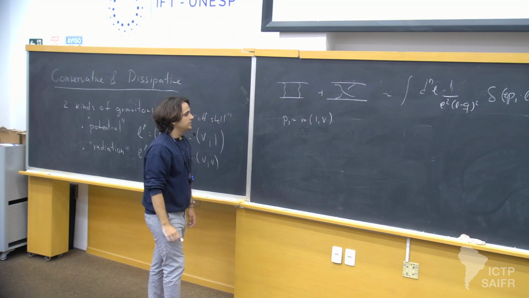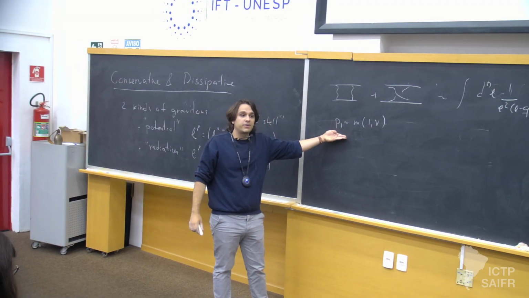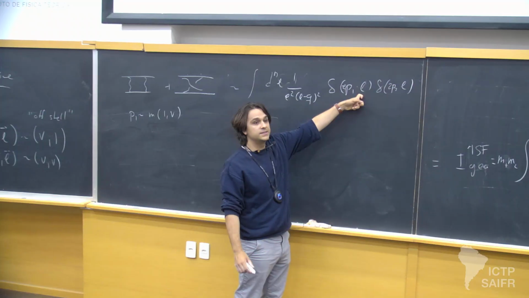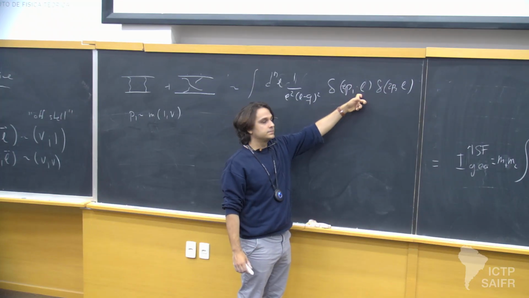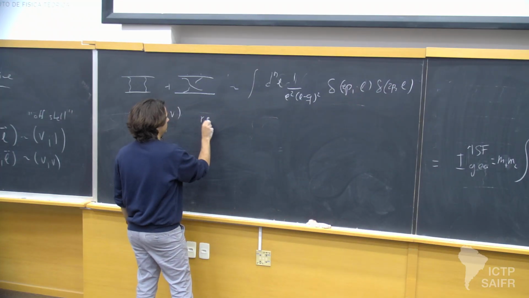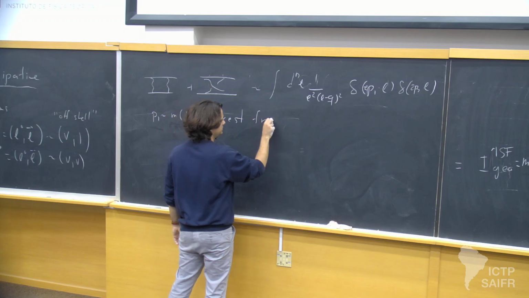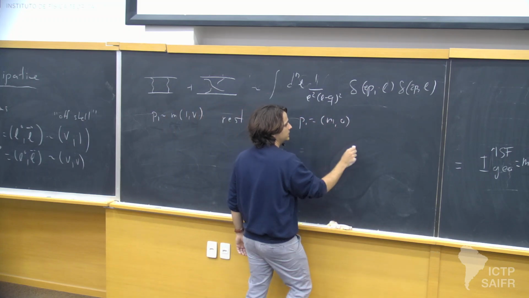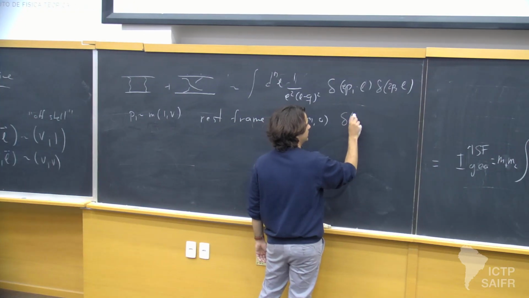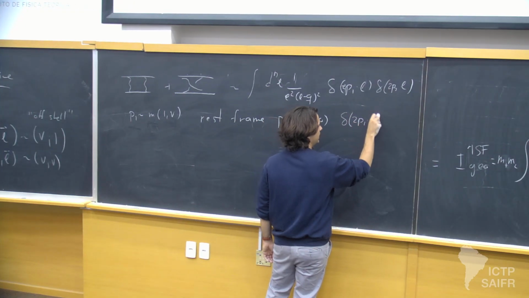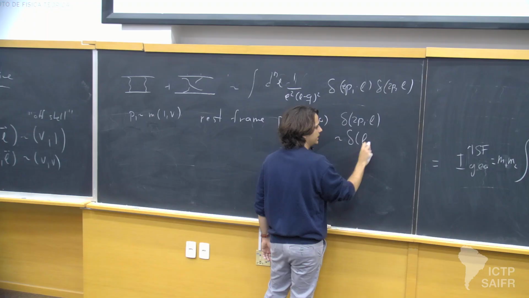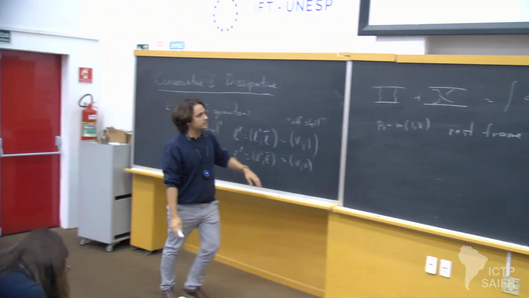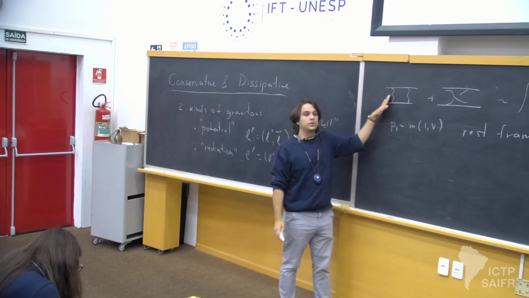In particular, I can go to the rest frame of this particle, and you see that this delta function will just tell me that l0 is 0. So in the rest frame, I have p1 equals m(1, 0). So δ(p1·l) is proportional to δ(l0). So it tells me that this graviton can never go on shell.